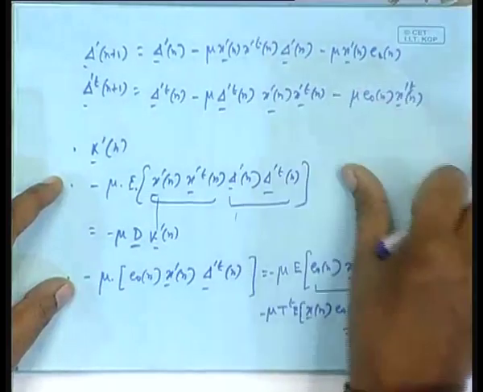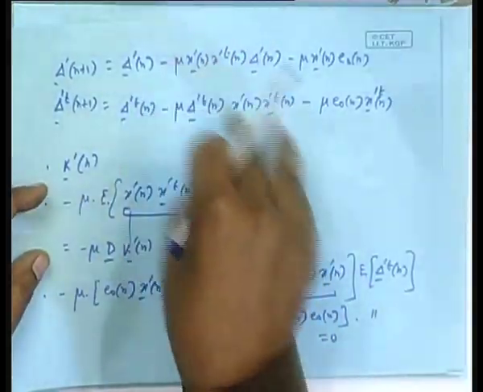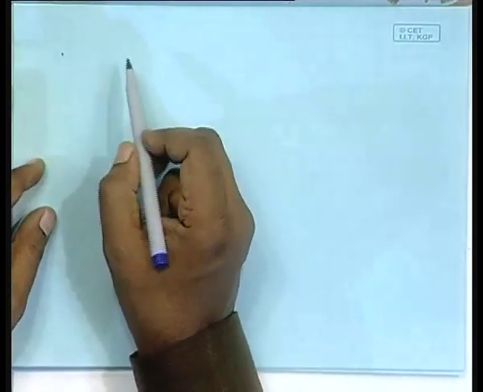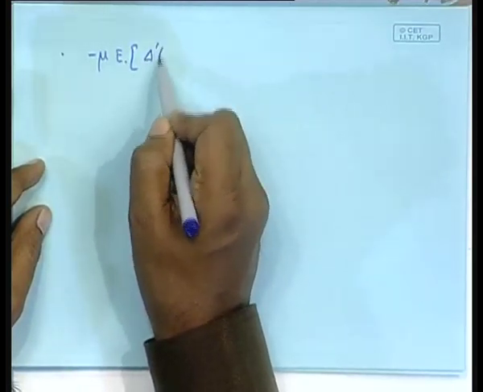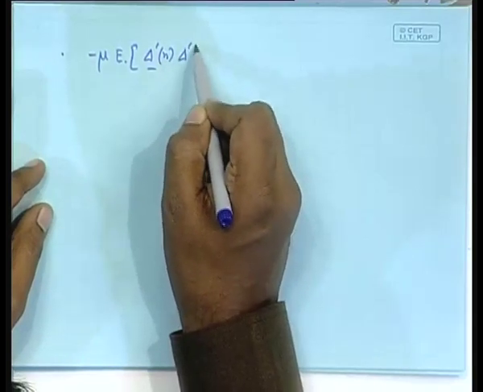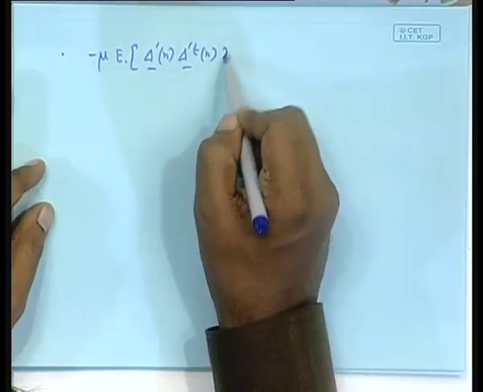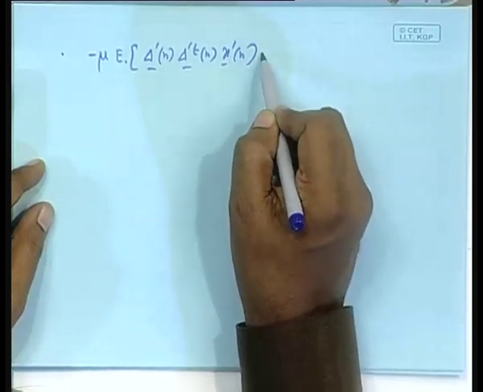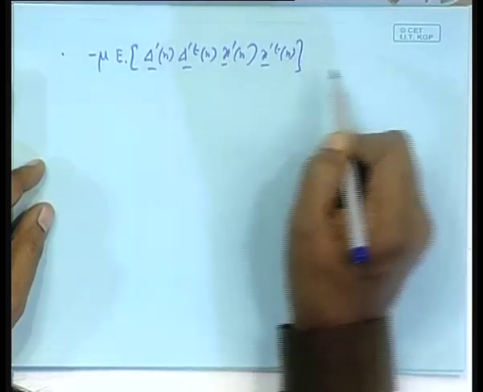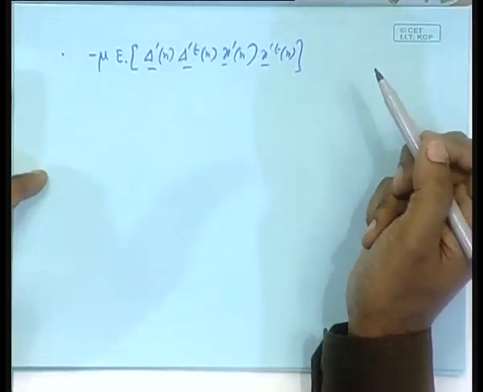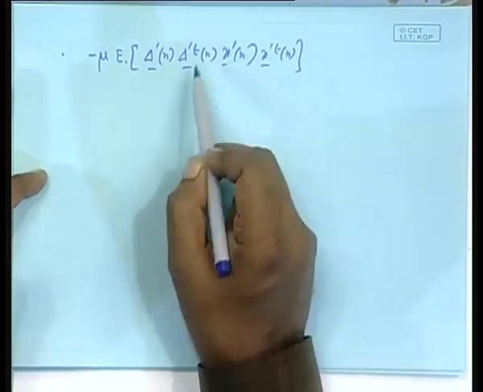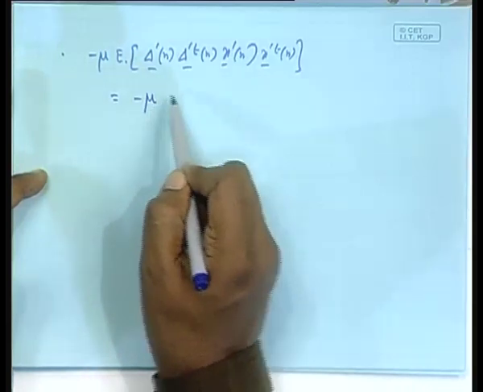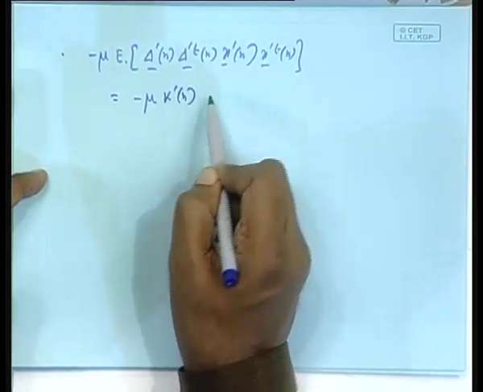I am shifting this page, but you have to trust me; you can check with your notes also. The next term is minus mu. You can work on this part, and it will give you a diagonal matrix, and this will give you K prime(n). So this is minus mu K prime(n) diagonal D.